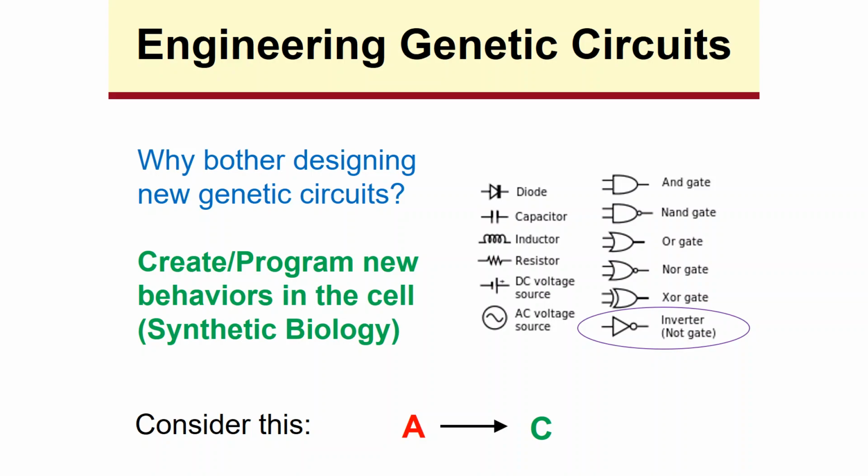This could be a very straightforward type of regulation. We can have an activator protein, and the more of that activator protein we have, it binds to the promoter of gene C, and we now get more of the output of C, which let's say is green fluorescent protein. So a very straightforward example.